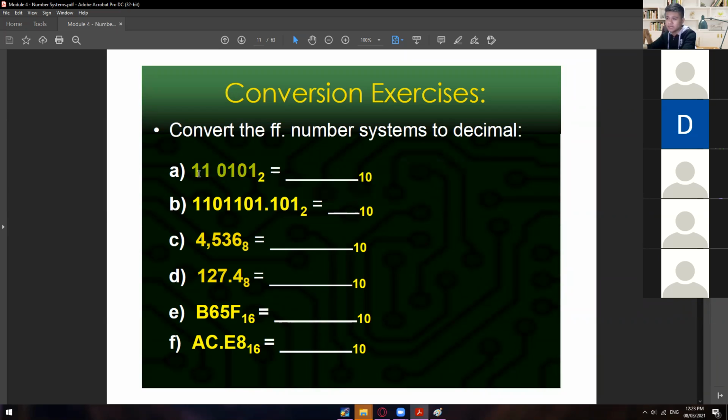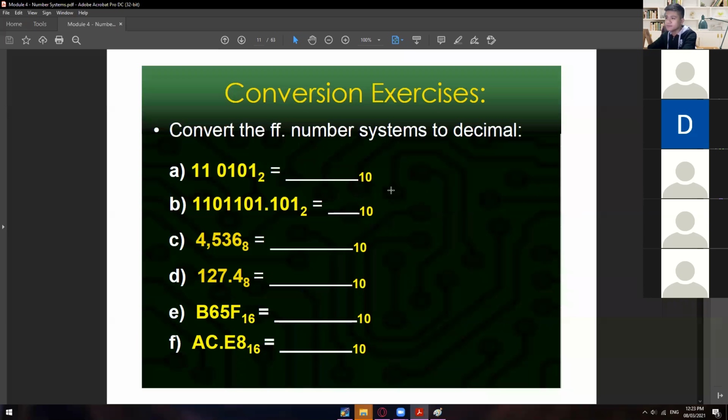This one is only integer, but this one has a fraction part. And then we have here octal to decimal, octal to decimal, wherein the other one has a fraction part. And then the last two are hexadecimal to decimal, but the other one has a fraction.